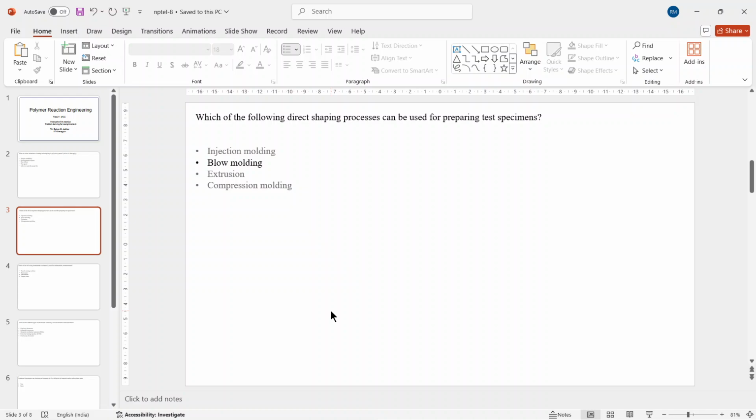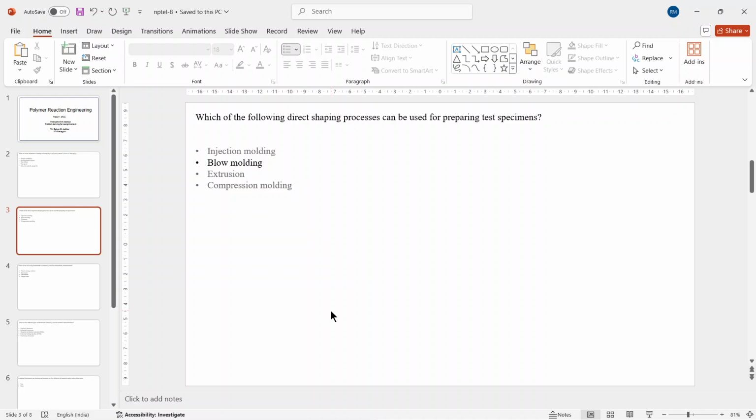But in case of blow molding, what happens is you have a small parison, and that parison is injected with high pressure air, and heat is applied, so the polymer melts and occupies the entire cavity. So the blow molding process is used for manufacturing close-ended products.